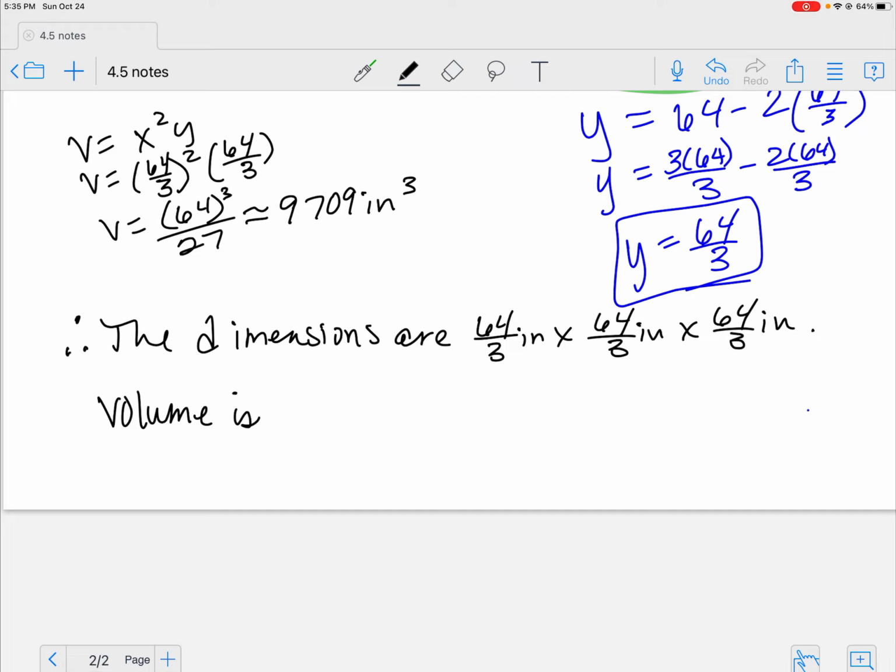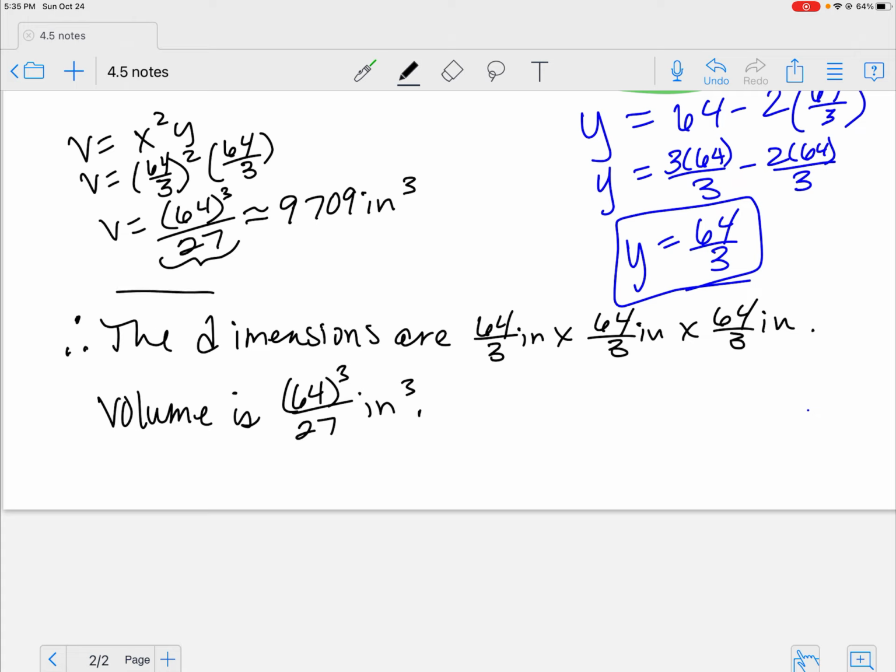If I give you a problem on your test or your quiz or whatever that is somewhere like this, I am going to give you values that are easier to work with, or I'm going to say, don't multiply it out. You don't get a calculator for that. I don't expect you to work it out in terms of a calculator. So I'm okay if you say the volume is 64 cubed divided by 27 inches cubed.